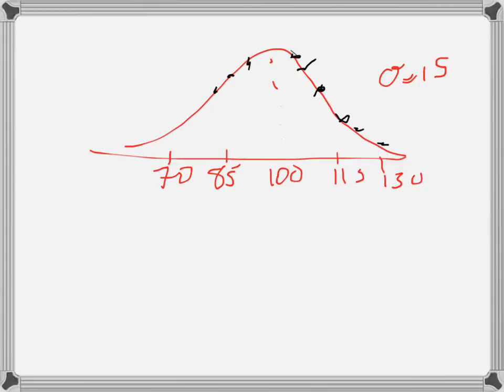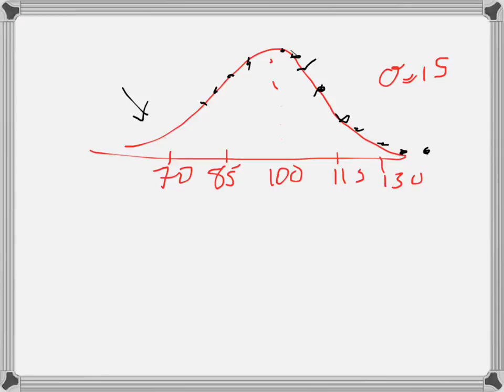Maybe we happened randomly to get a few geniuses in there, and not enough people with weaker IQs to balance that out. And that's the question we're going to be answering essentially.